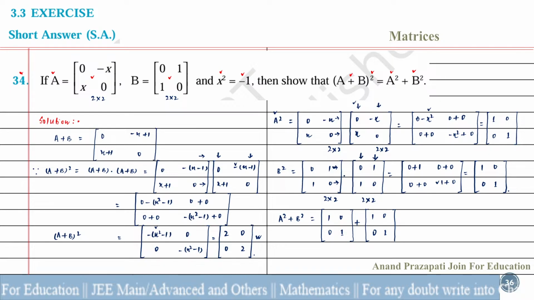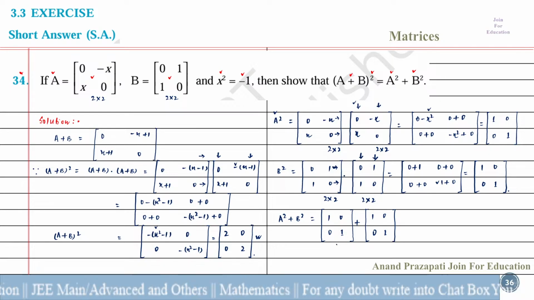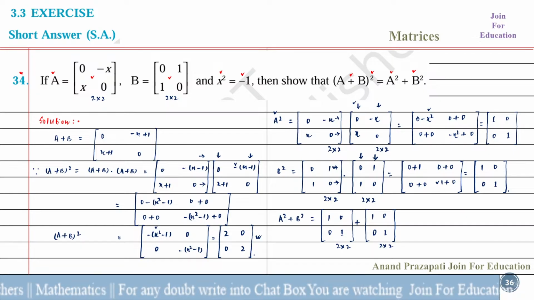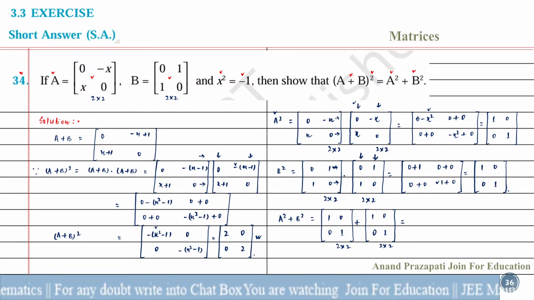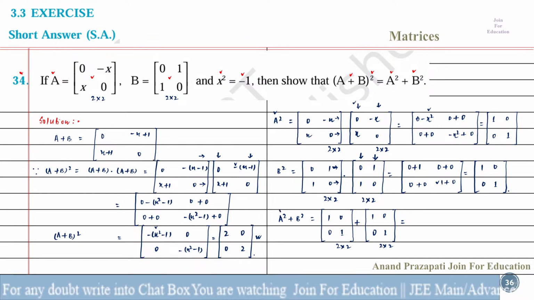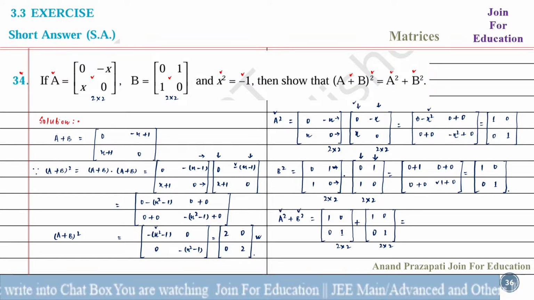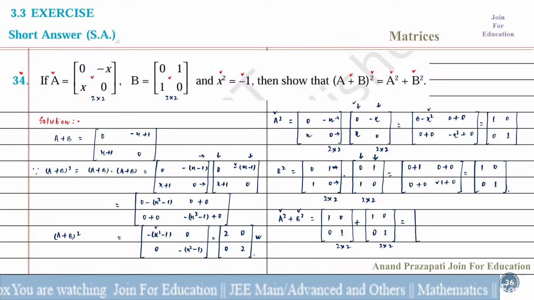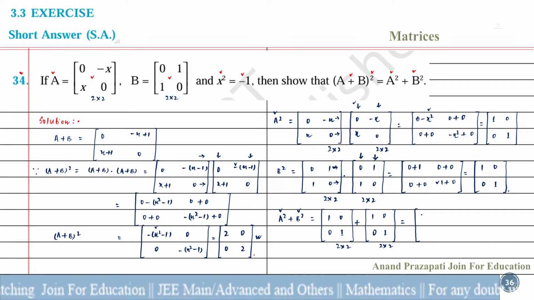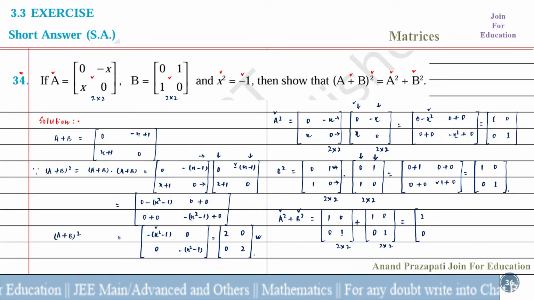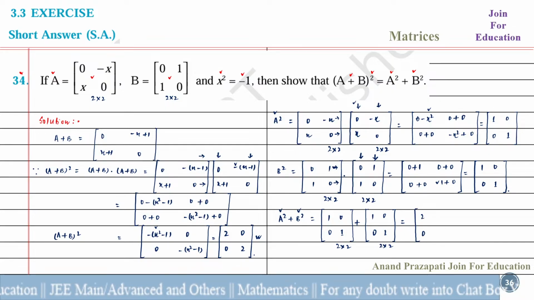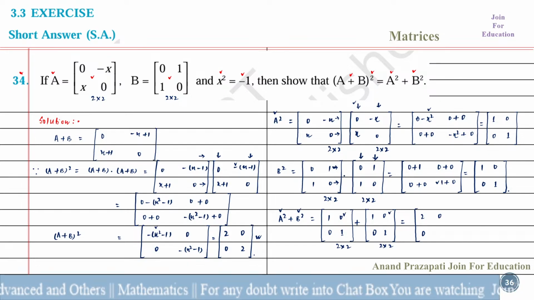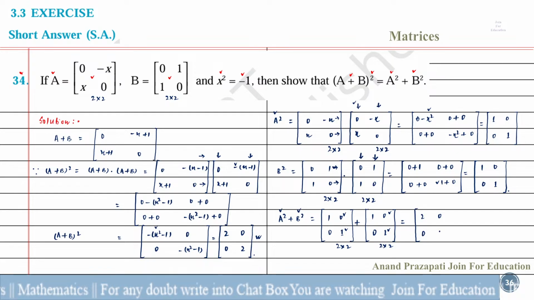Order of a square is 2 by 2. Order of b square is also 2 by 2. Therefore addition of a square and b square is possible. So we add the corresponding element. 1 plus 1 equal to 2, 0 plus 0 equal to 0, 0 plus 0 equal to 0 and 1 plus 1 equal to 2.